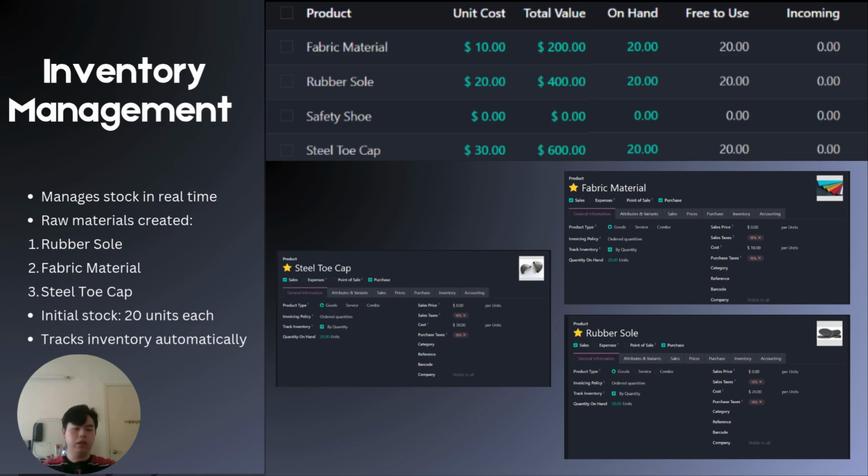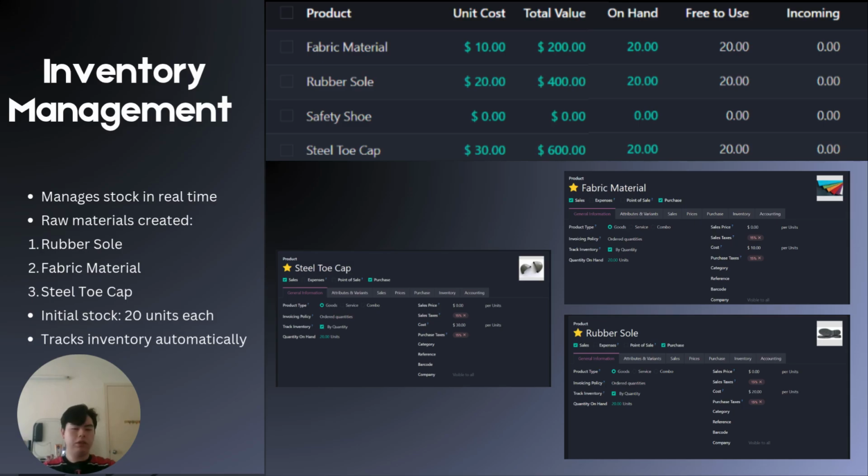The inventory module in Odoo ERP is used to manage and monitor stock quantities in real time, ensuring accurate tracking of materials throughout operations. In this project, raw materials such as rubber sole, fabric material, and steel toe cap were created and configured as storable products.